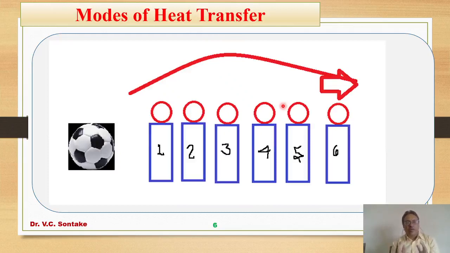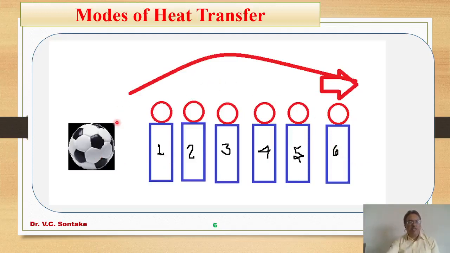Now, in order to understand the modes of heat transfer, let us take one interesting example from daily life. Let us say there are 6 football players standing in a row, and there is a football on the left hand side. Let us consider that this football corresponds to an amount of heat, and the football players from 1 to 6 correspond to medium particles, molecules.